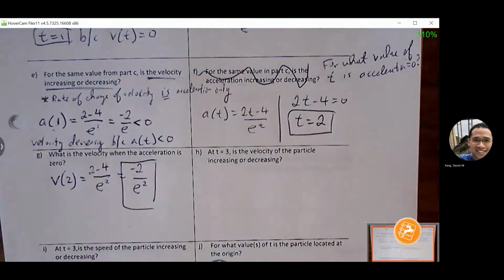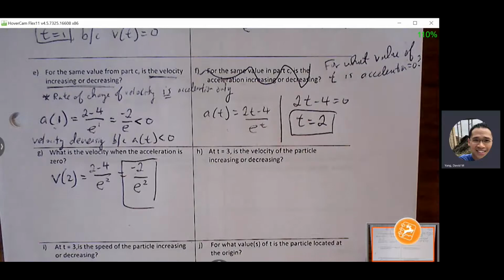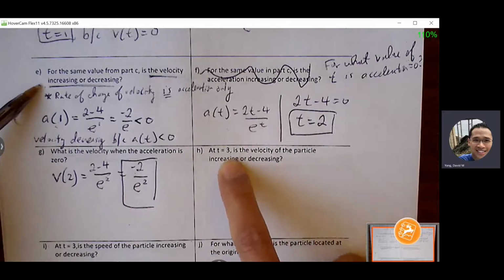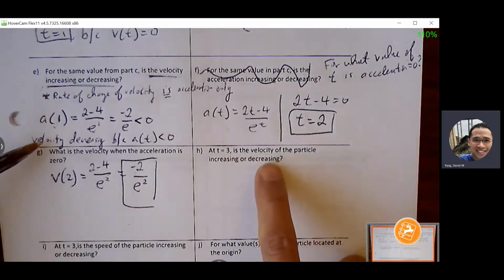Okay. Part H, is the velocity of the particle increasing or decreasing at t equals 3? Same process as E, right? Wording is exactly the same, just a different t value. We're relying just on acceleration here.